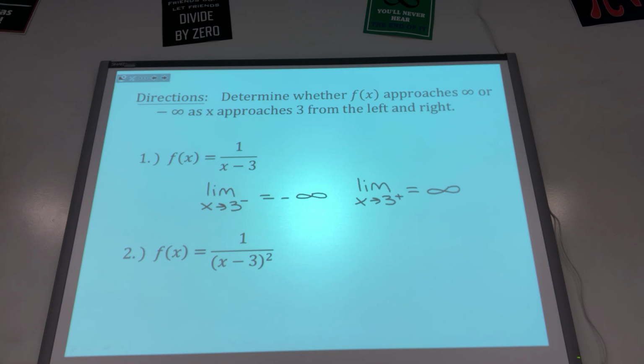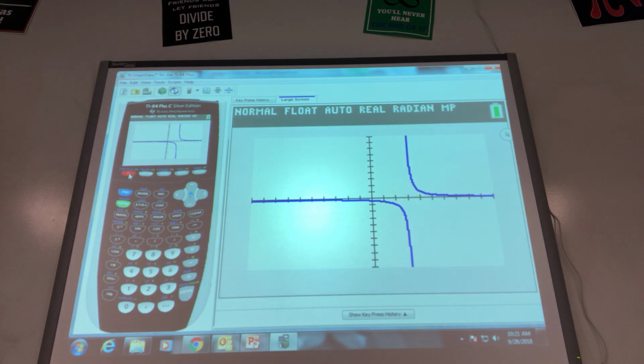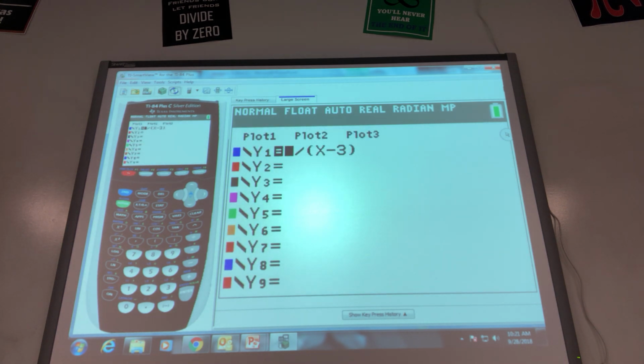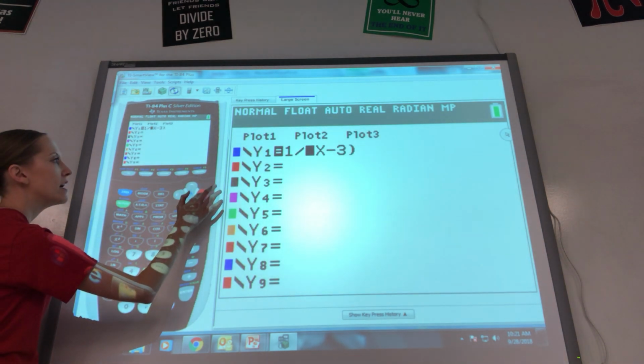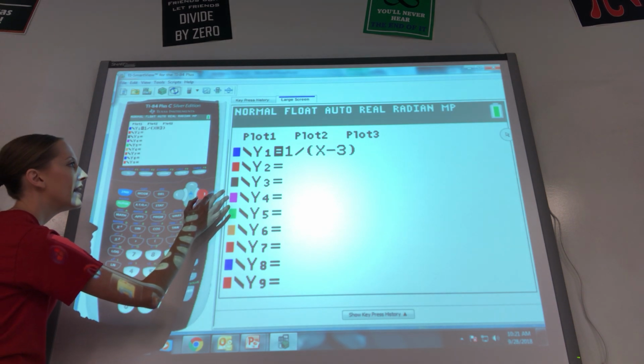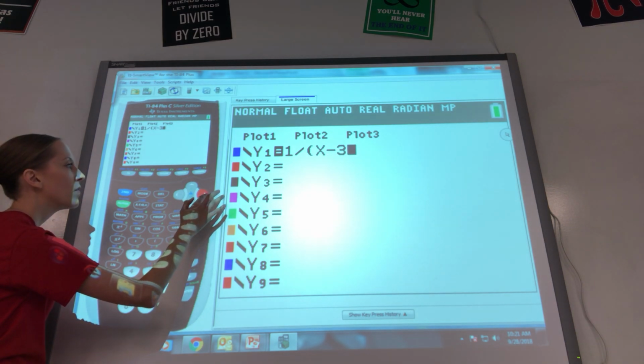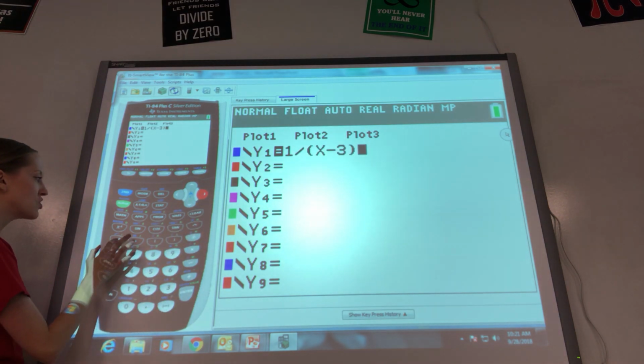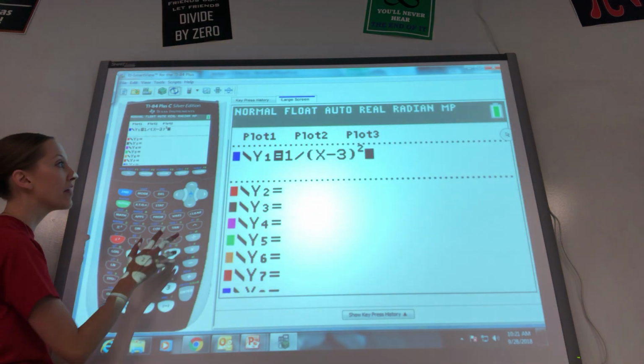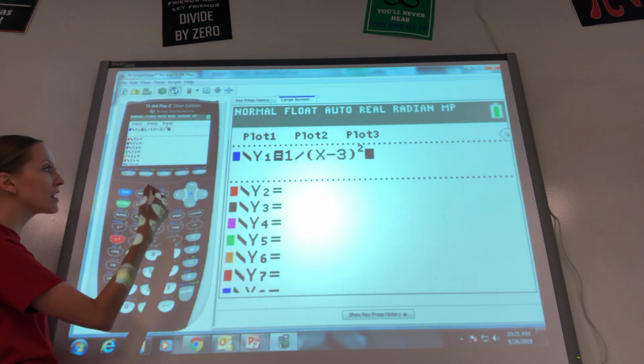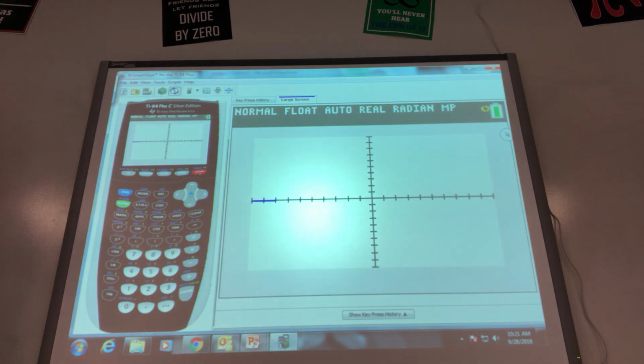You already have 1 over x minus 3 in your calculator. Now you want it to be squared, so I'm going to go over to the end and hit squared. I think this should be fine. I'm still keeping everything together that's in the denominator.